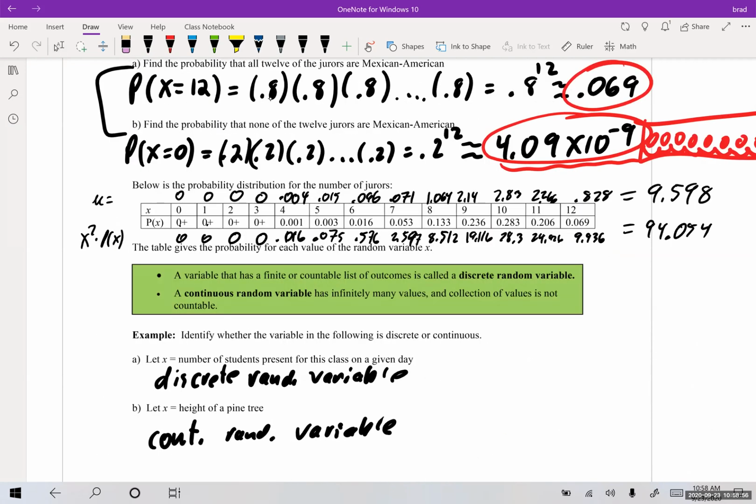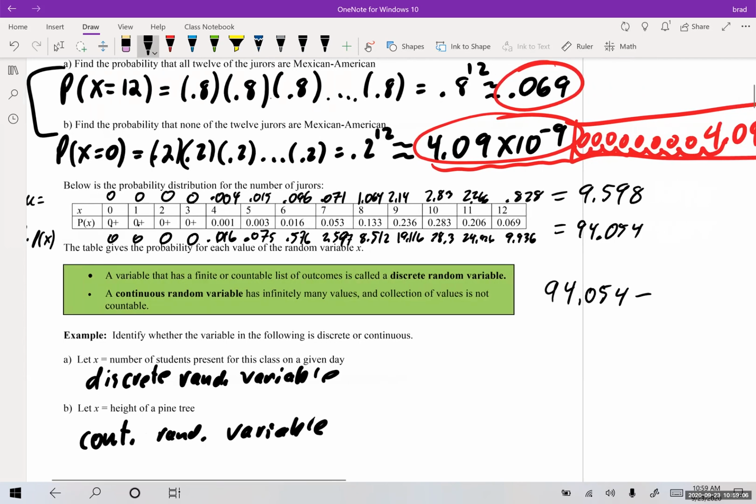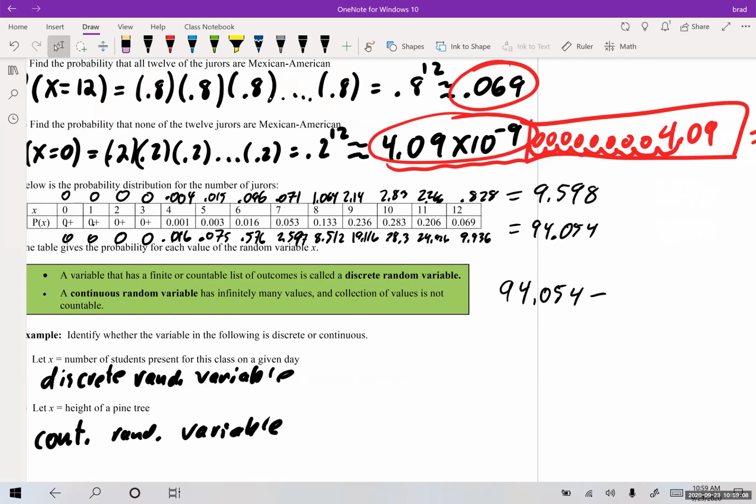And then if you want to know the standard deviation, you have to take 94.054 minus the mu squared, which would be 9.598 squared, and then you square root that.